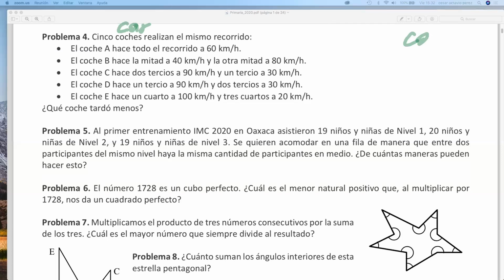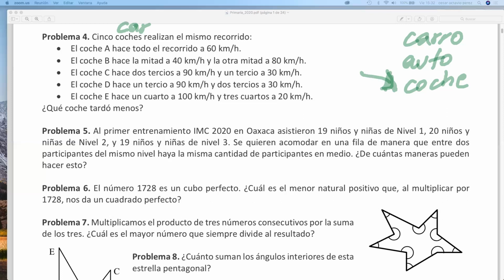We can say carro, auto. Coche means, we used to call coches the ones that were pulled by horses, but we still use coche to mean car.